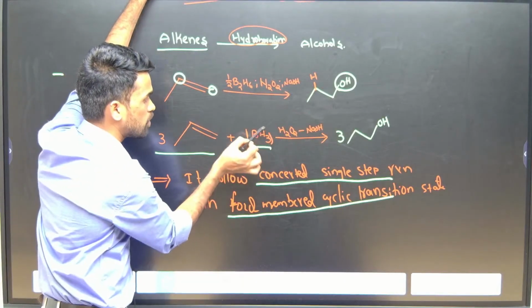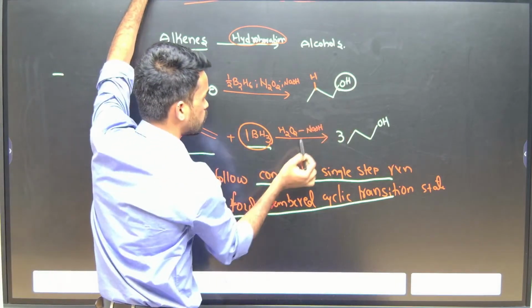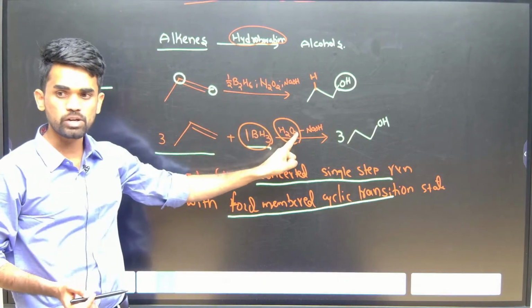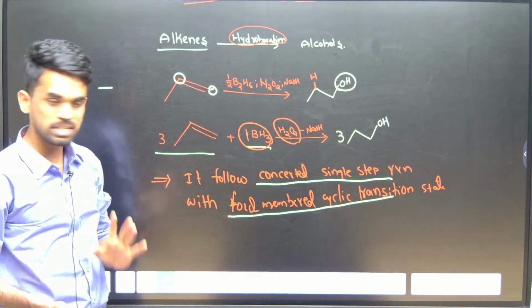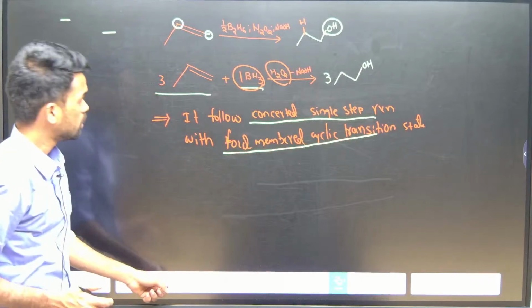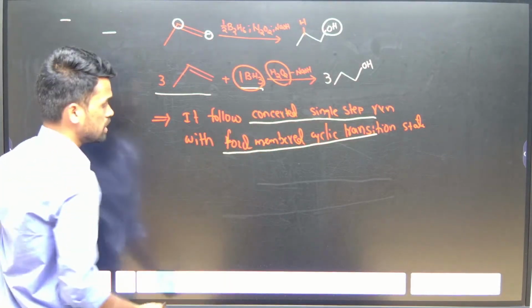That H comes from borane, whereas OH comes from hydrogen peroxide. So OH comes from hydrogen peroxide, H comes from this BH3 unit. Remember these points. And the next one here is, what I am saying, this is a 4-membered cyclic transition. Now, see.